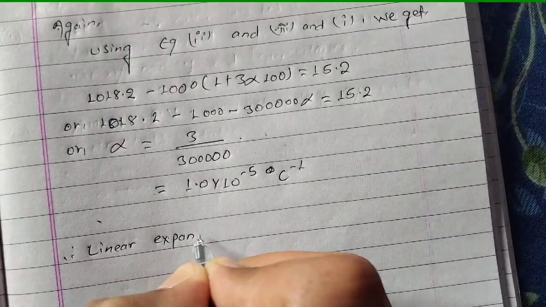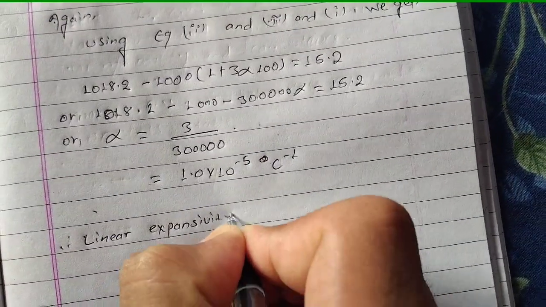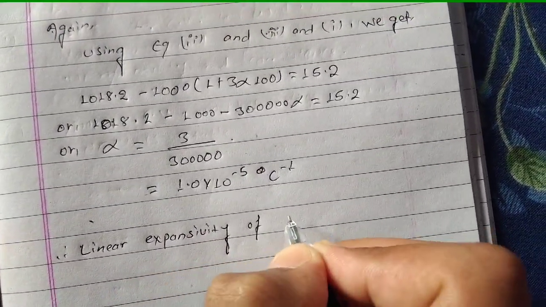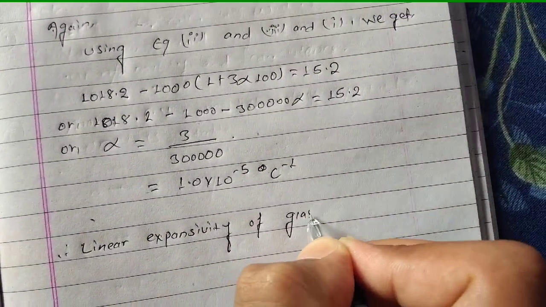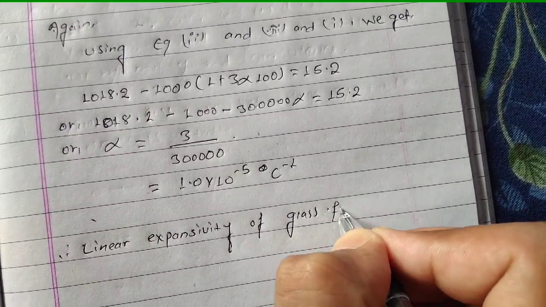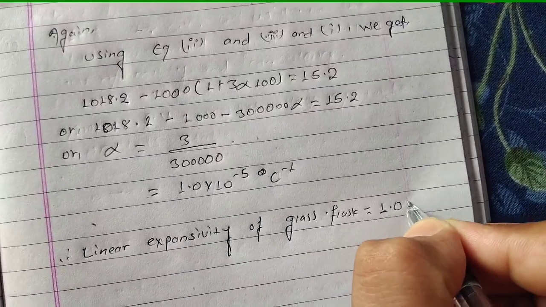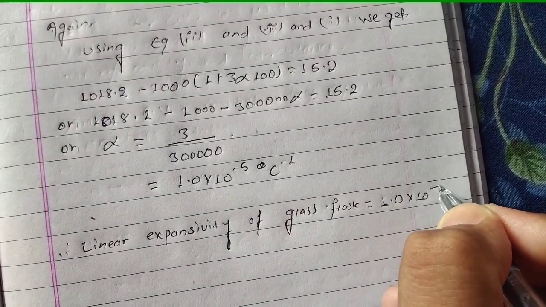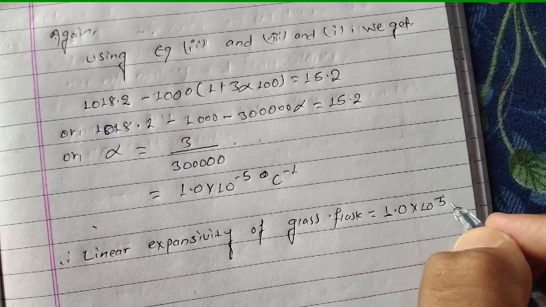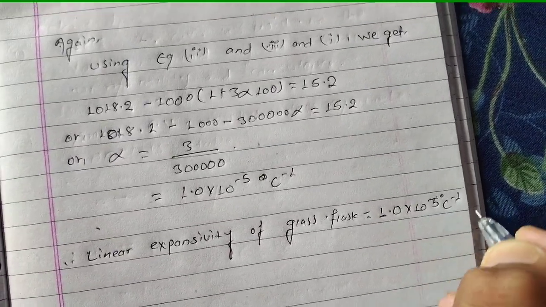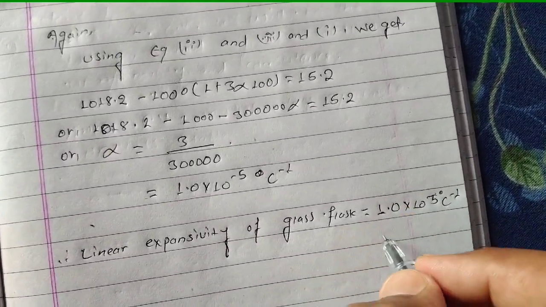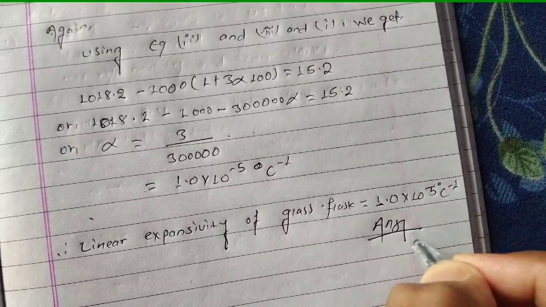Therefore, the linear expansivity of the glass flask is equal to 1.0 into 10 to the power minus 5 per degree Celsius. That's our required answer.